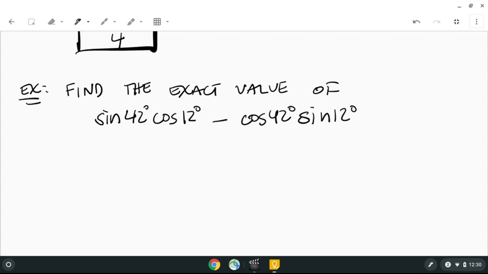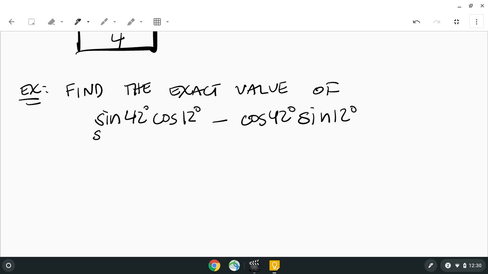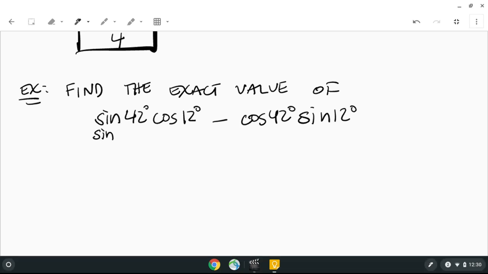Okay, so what you do is you go back to your sum and difference formulas, and you try to see which one has this structure. And the structure fits the structure sine of u cosine v minus cosine u sine v. Okay, so when you look back at your formulas, I'll give you a second to look back.